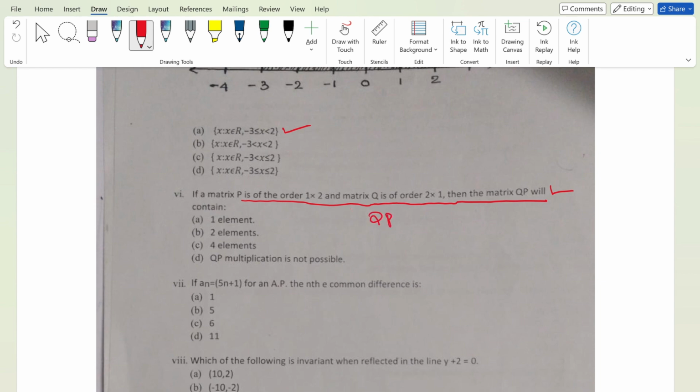The number of rows will be the number of rows of Q, which is 2, and the number of columns will be the number of columns of P, which is 2. So it is 2 by 2, that is 4 elements.